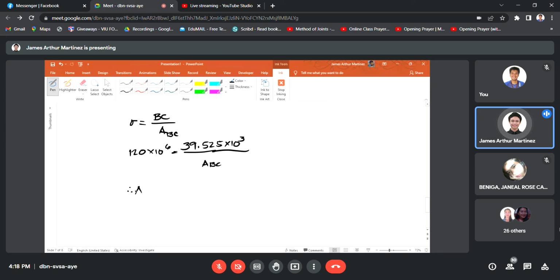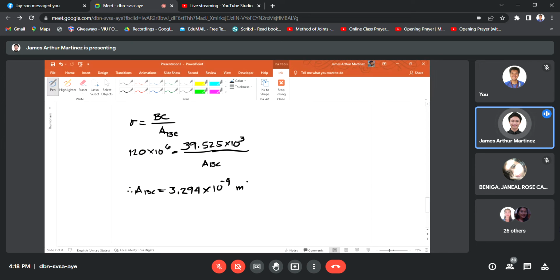So therefore, the required area for member BC would be, pila man siya class na. So that is just 39.525 times 10 to the power of 3 all over 120 times 10 to the power of 6. And that is 3.294 times 10 to the power of negative 4.